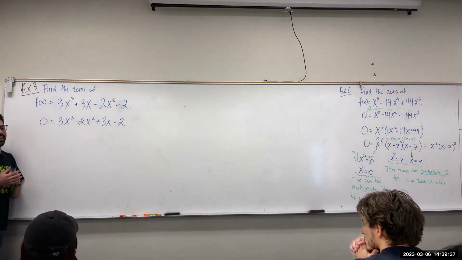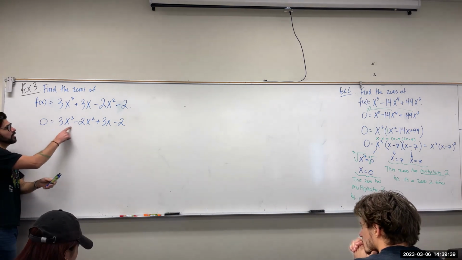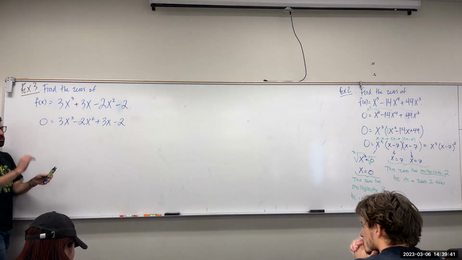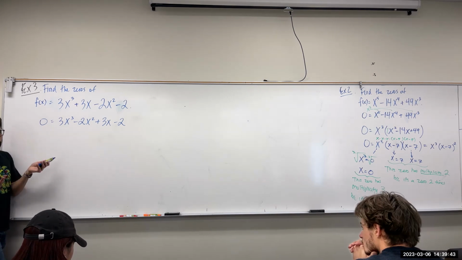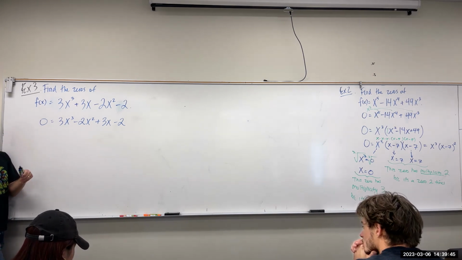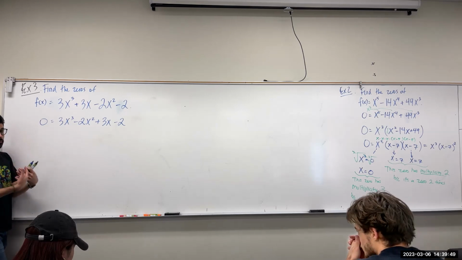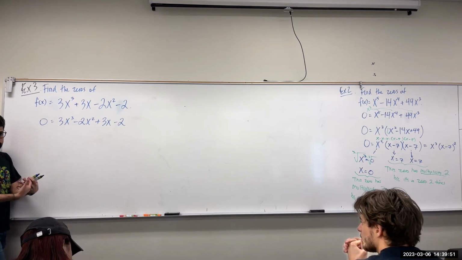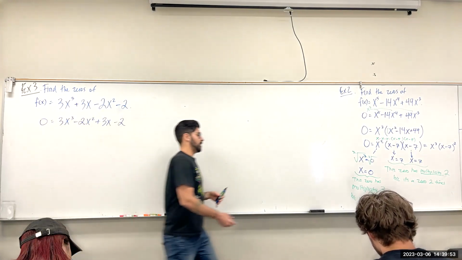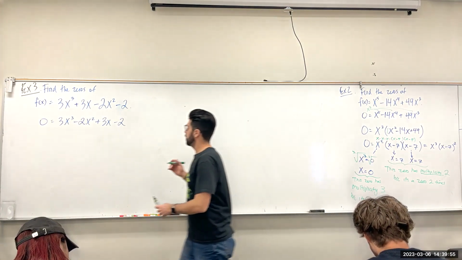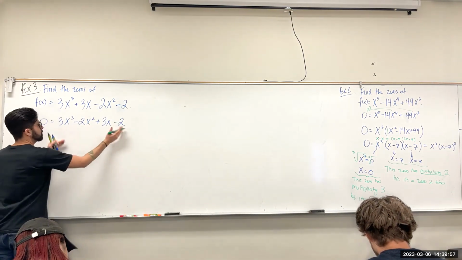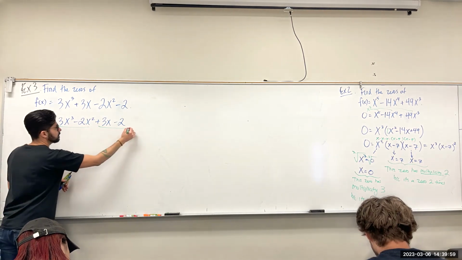Yeah, but the leading term is already positive, so we're good with that. The only thing they have in common is the one. But you can split them into two different things. So what we're gonna do is a different method called factor by grouping. When you have four terms, you pair them up.